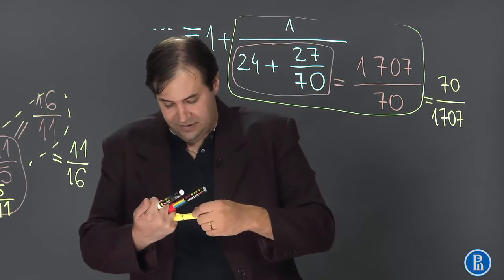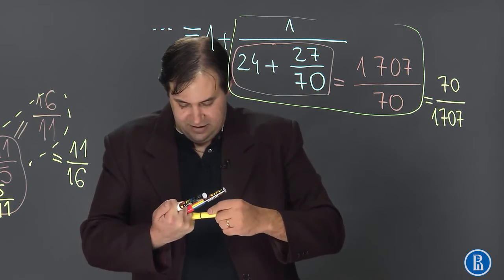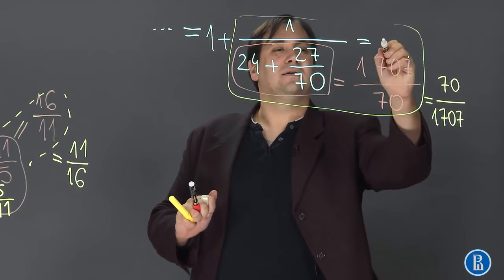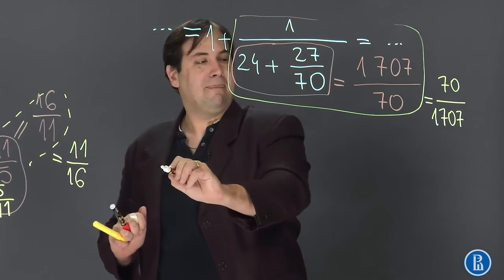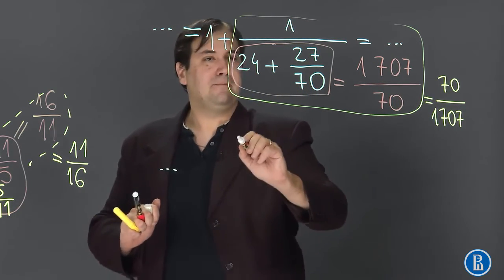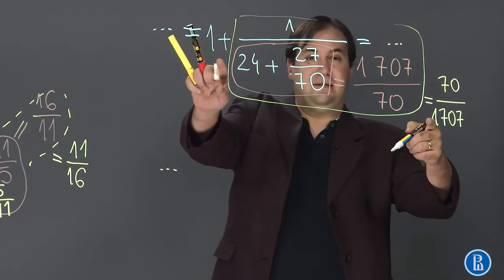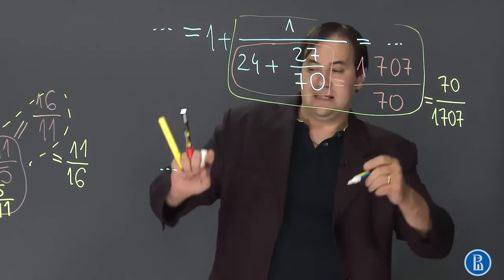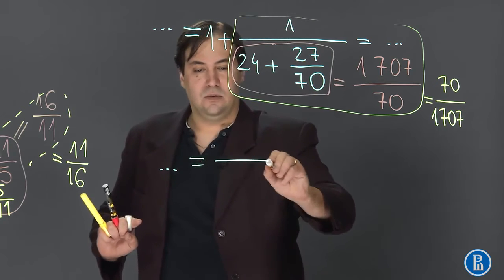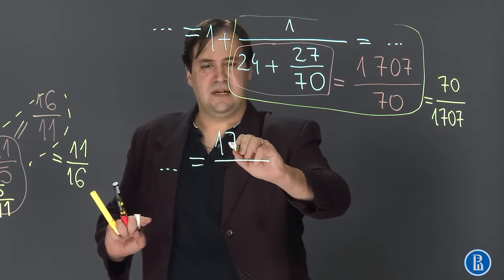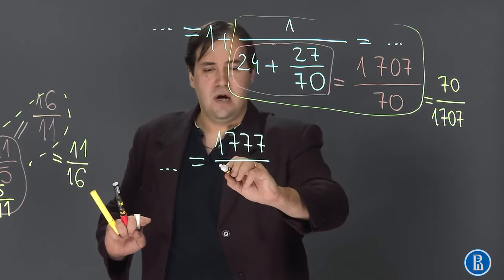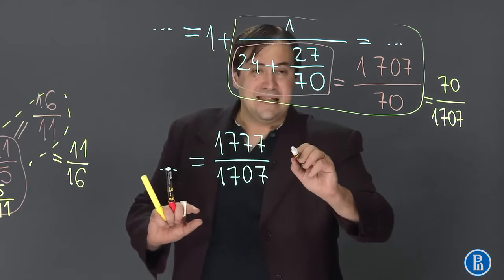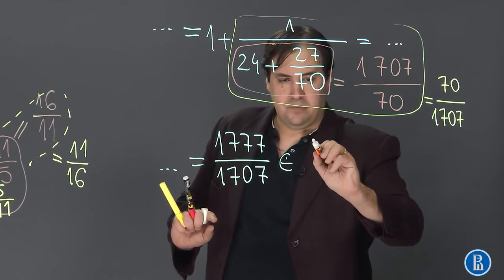And finally, we add 1 to this fraction and we gain 1 multiplied by 1,707 plus 70, which is equal to 1,777 over 1,707. And this is a rational number.